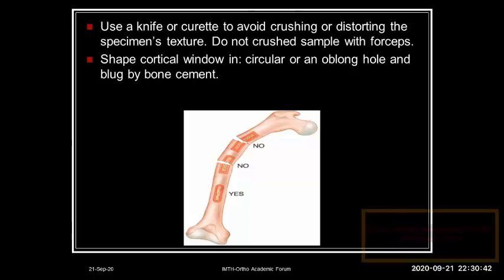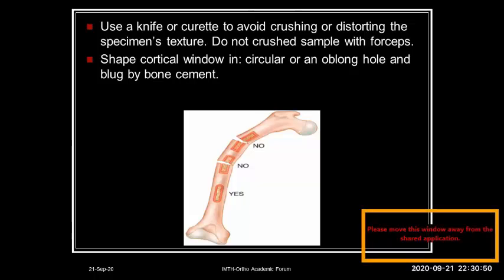And the shape after you did the biopsy, if you do an osteotomy inside the bone, please you should know how to decrease the stress riser, because if you make the edges of the bone very sharp, this will increase the stresses that act on the bone, and this will lead to pathological fracture.